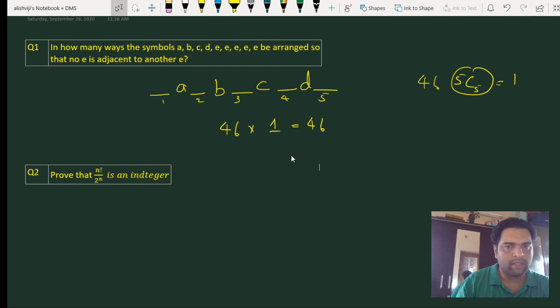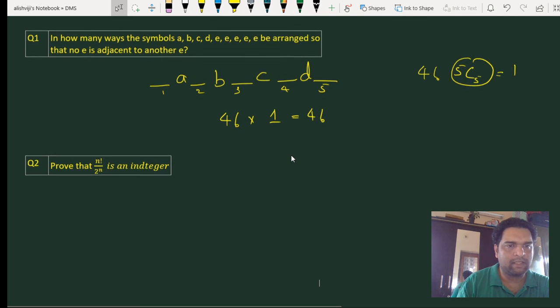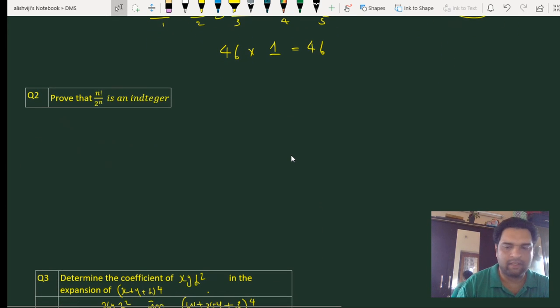Now the second one is something more tricky. Prove that n factorial divided by 2 raised to k is an integer. So we are going to prove it using the method of combinations.